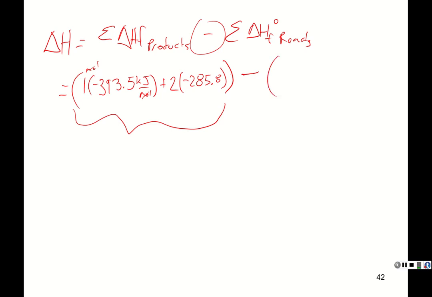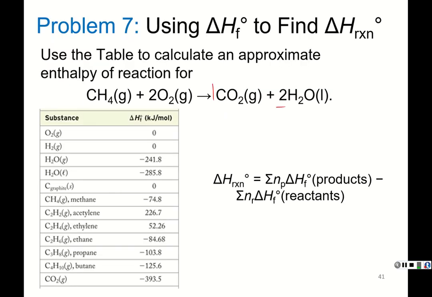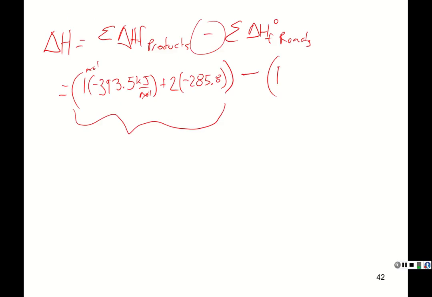Okay, so our reactants were 1 mole of methane and 2 moles of O2. Methane had a delta H of formation of minus 74.8 kilojoules per mole, and remember that coefficient is in moles, so those cancel.